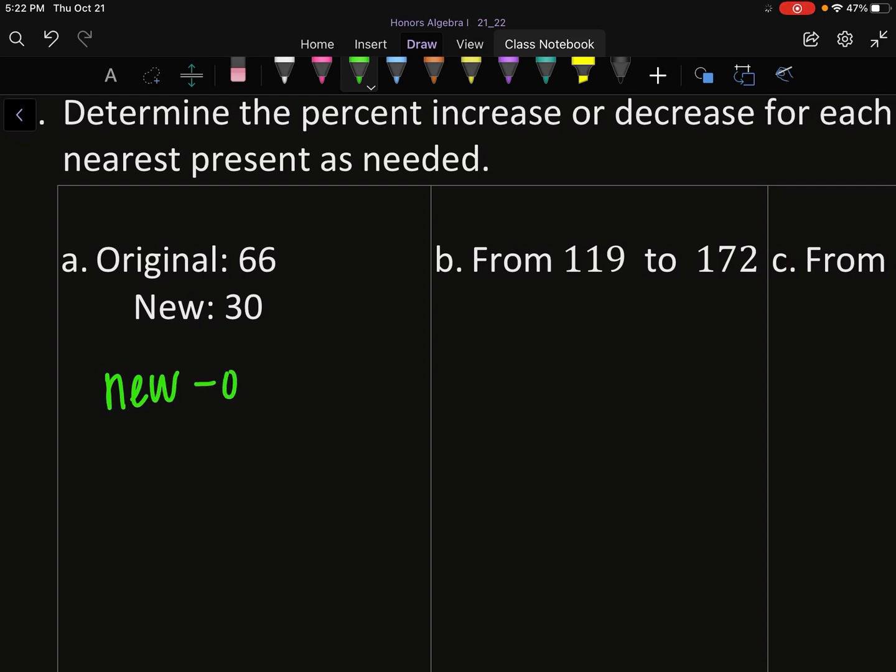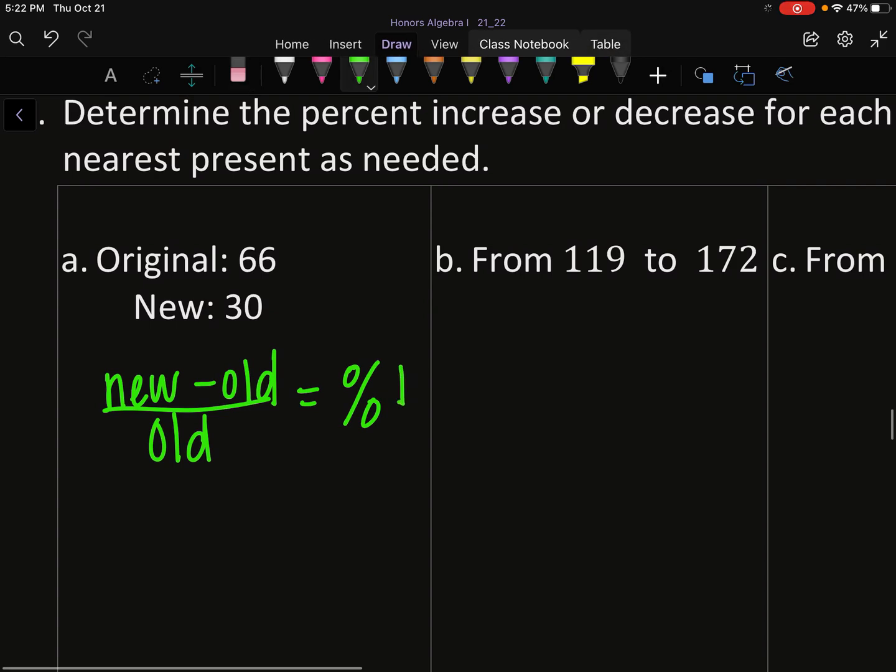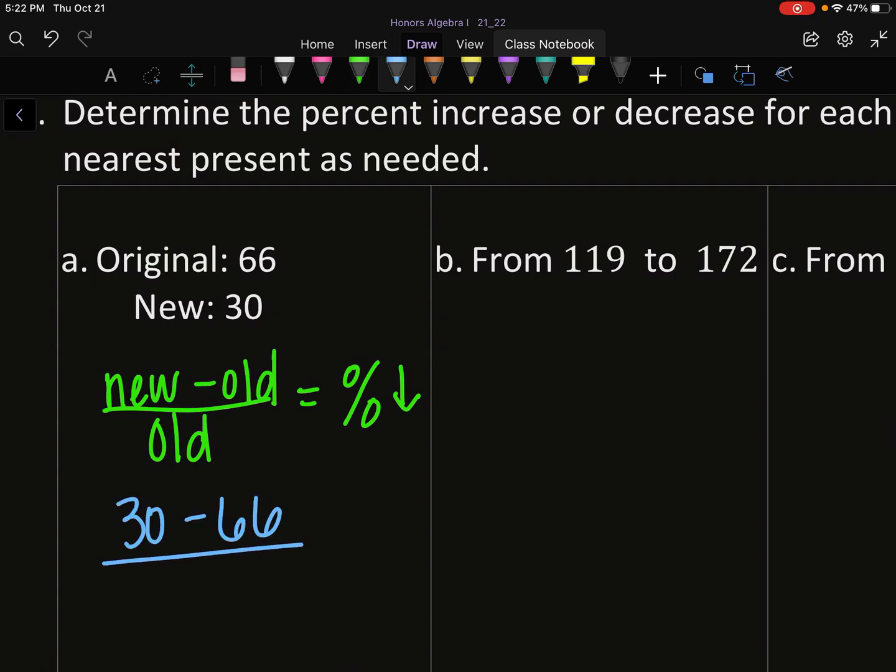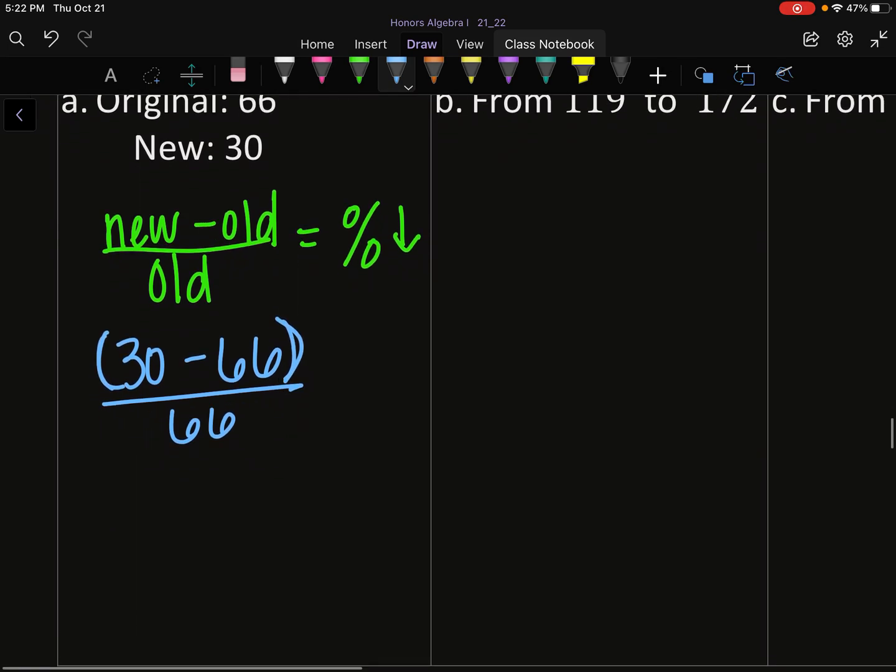New minus old over old equals some percent. So it's going to be a percent decrease, so it's going to be a negative decimal. So the new amount is 30 minus the old amount is 66 divided by the old amount, which is 66. In your calculator, you'll need to put parentheses around that or use the fraction.